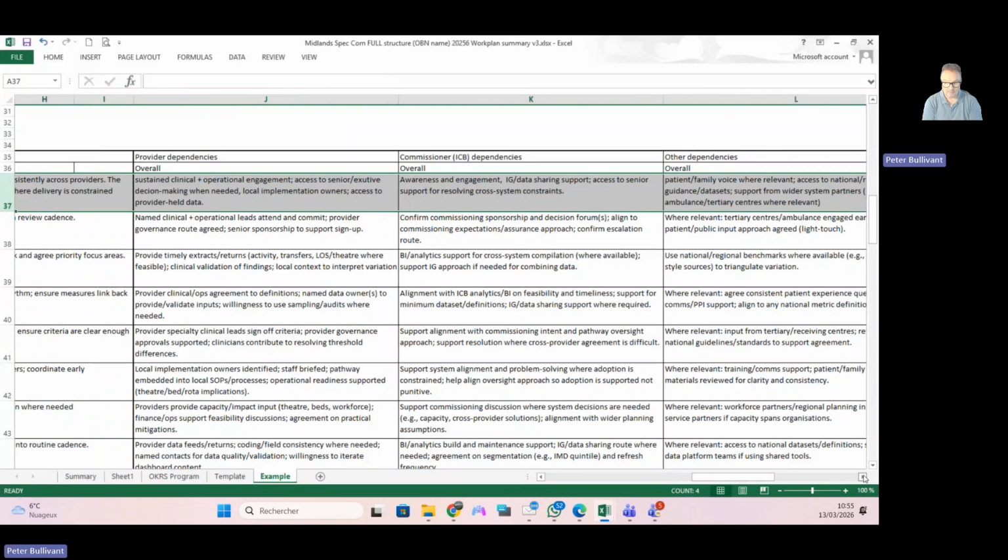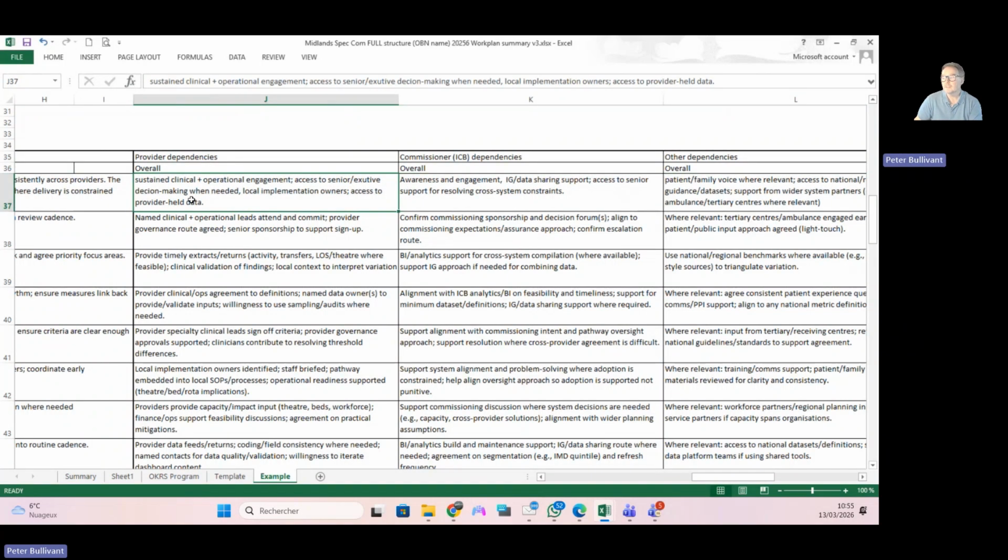Your network and your network board members are really important for this, because this is an opportunity to describe that if as a network we're going to achieve what we want, we need the organizations that you are part of to be signed up for this. This is a way of describing that, which can be shared with your network members, the board members, and other key clinicians and operational staff.